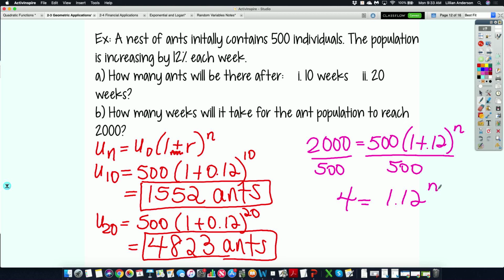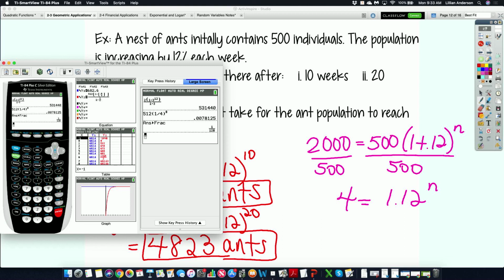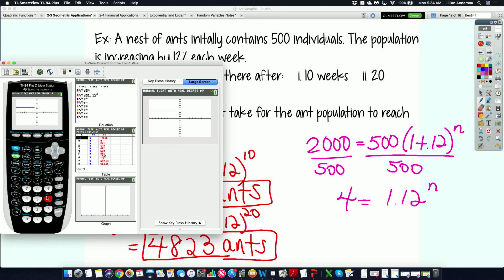Okay? So I'm trying to figure out my number of weeks. So in my y equals, I'm going to type in 4 for one of them. And then 1.12 to the what power? X. I'm going to go back to a standard window so I can see 4 easily. So I'm going to go to zoom 6. There's 4. And let's see if this exponential is going to intersect before 10 weeks.